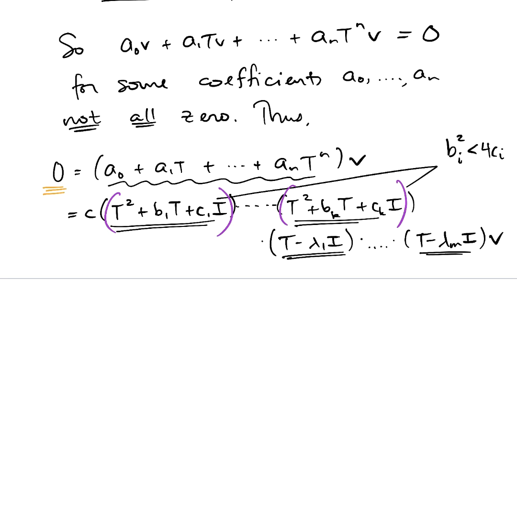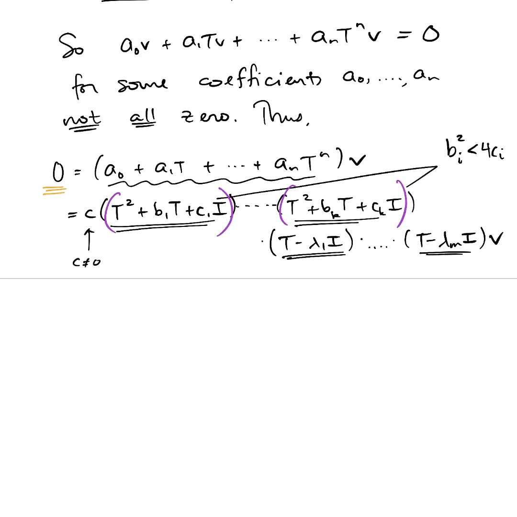Now this c is non-zero. That's just some number sitting out in front. If it were 0, that would say the polynomial is identically 0. That makes no sense. Polynomials have maxes and mins and they're curvy. All right, so c is non-zero.